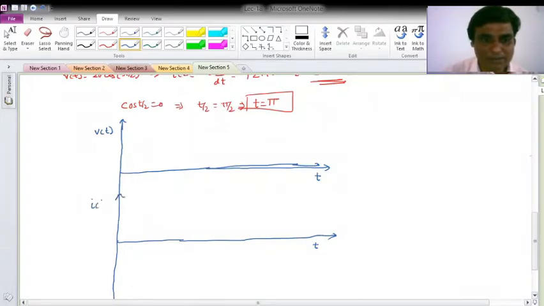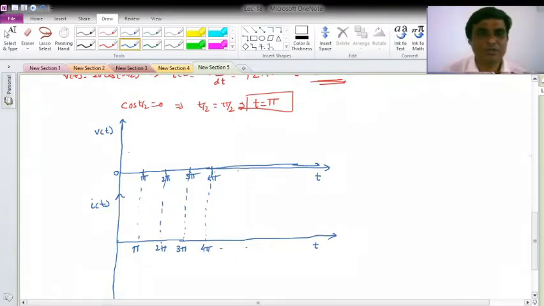Okay, so suppose this is 0, pi, 2 pi, 3 pi, 4 pi, like this. The same for current: 2 pi, 3 pi, 4 pi, and so on.